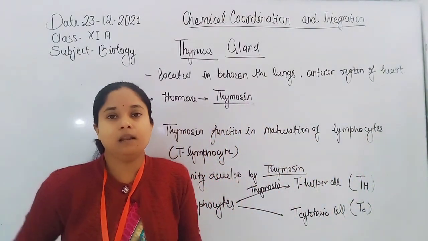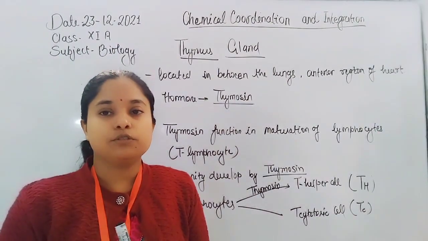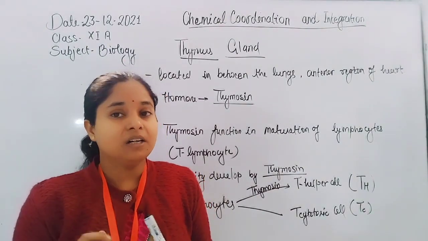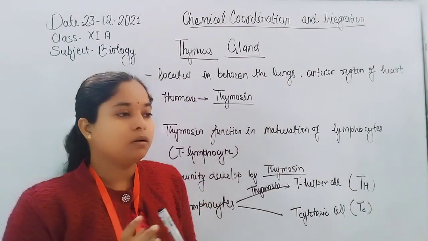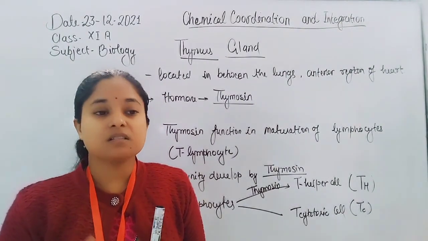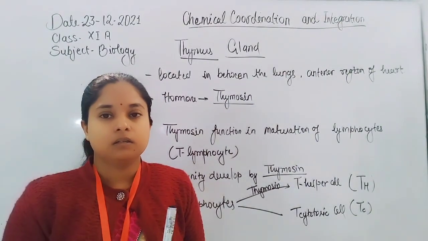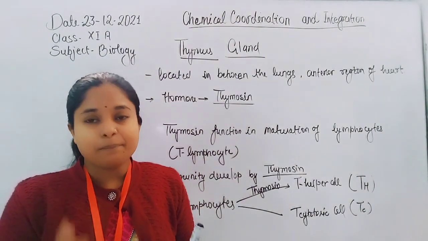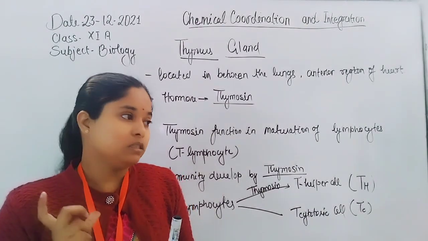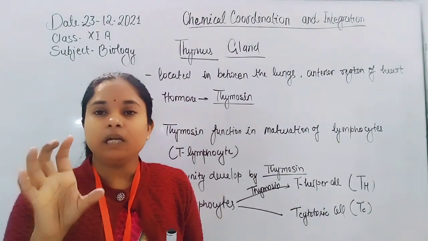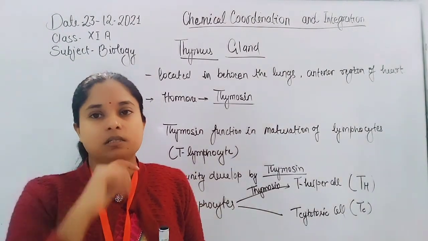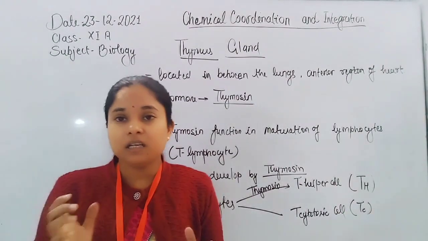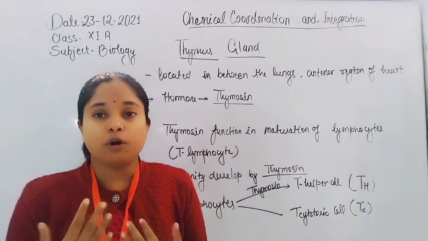The T helper cell helps the B lymphocyte cell in the identification of the antigen. When any virus attacks our body, the MHC or identity is checked by the T helper cell, through the major histocompatibility complex, because each and every cell of our body has our body identity.